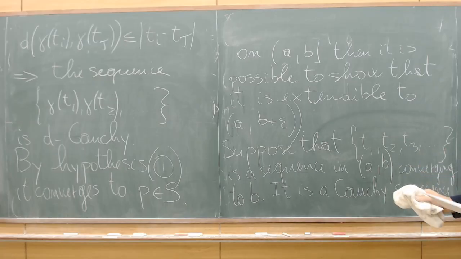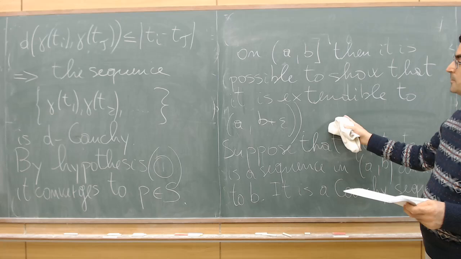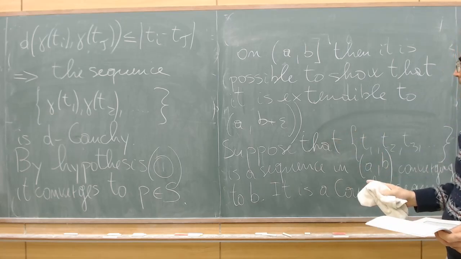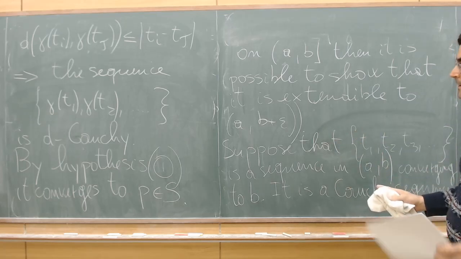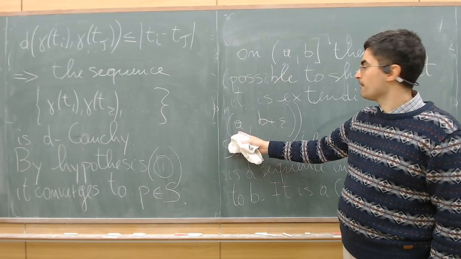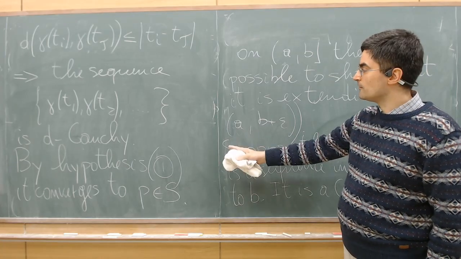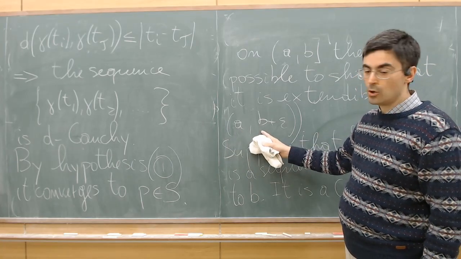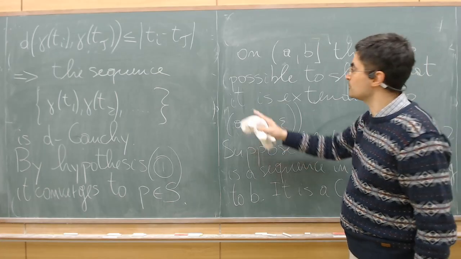Then let's use the argument I used before for proving that if the interval of definition of gamma is [A, B] closed on the right, then there is an extension.